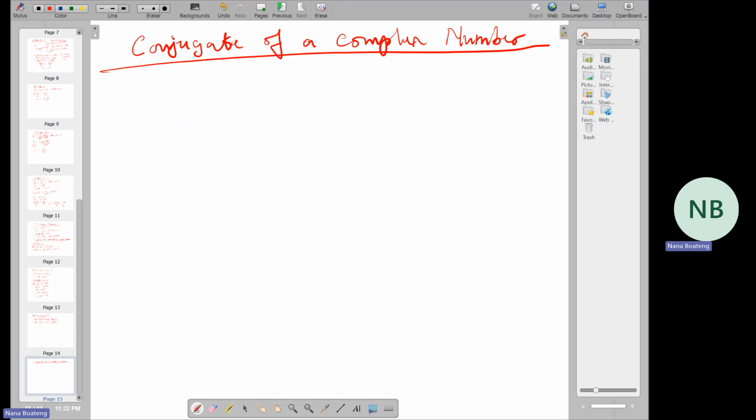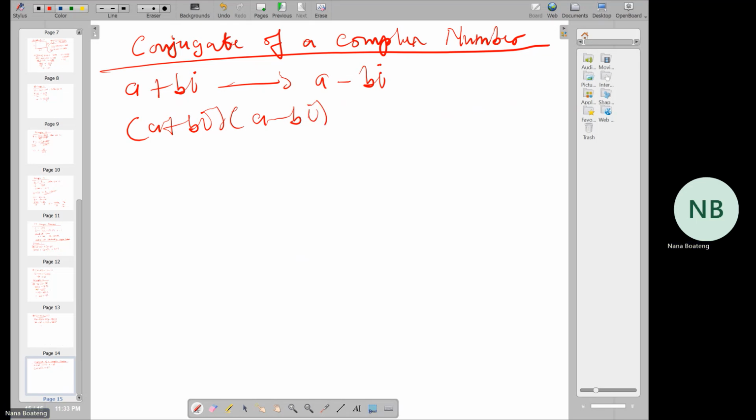So the conjugate of a complex number a plus bi is a minus bi. And the product of a complex number a plus bi and its conjugate a minus bi is equal to a squared plus b squared.